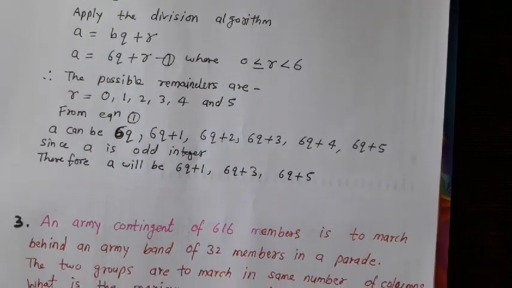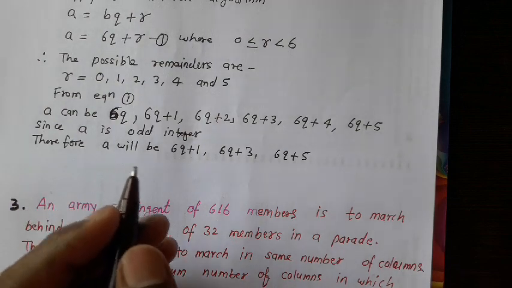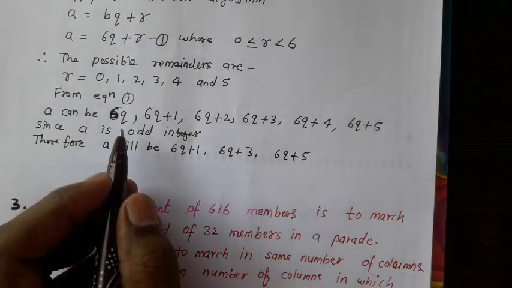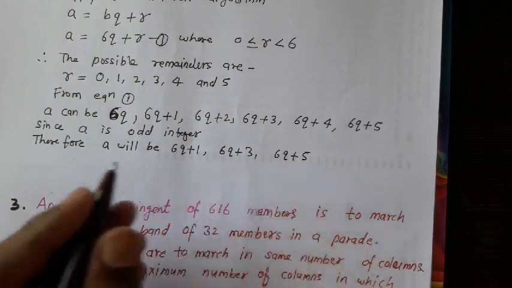Because a is an odd integer, odd positive integers are not divisible by 2, so those numbers you have to write here.